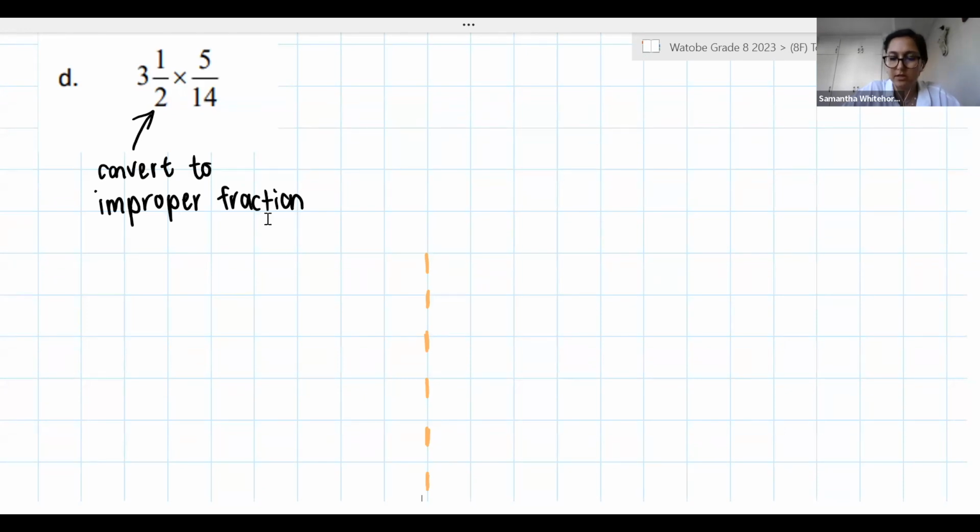Remember, guys, just go at your pace. Make sure you're doing everything correctly. Make sure that you are multiplying correctly. Make sure you are simplifying as you go along.